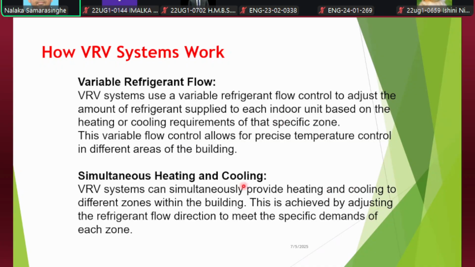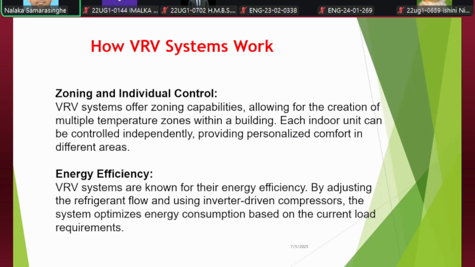So that absorbed heat will be rejected into the space where you need heating. That's the inclusive nature of this VRV system. Therefore, you don't have to spend energy on that. So that's one reason why the VRV systems have a higher energy efficiency.